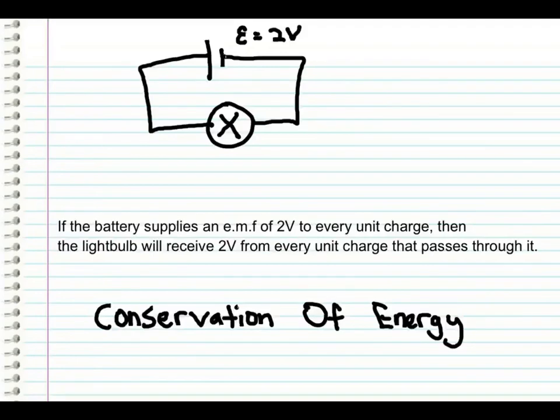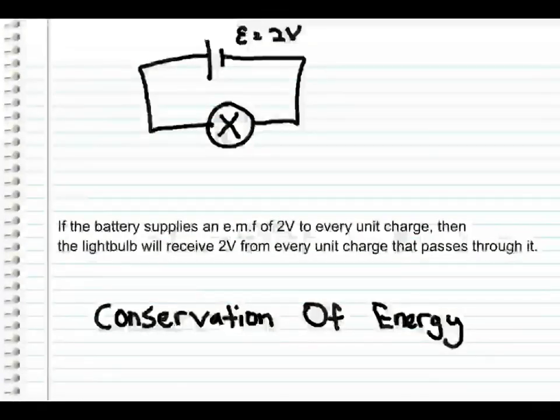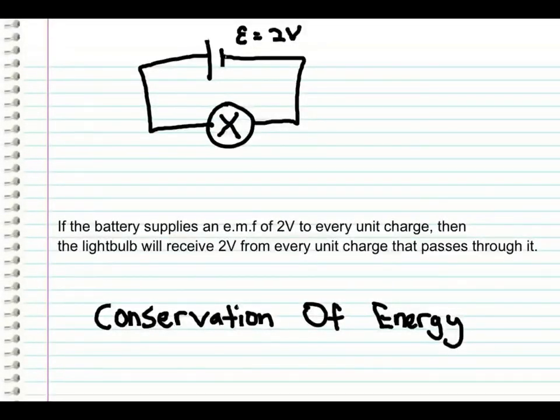But how much energy does the bulb get from the battery? If the battery supplies an EMF of 2 volts to every unit charge, then the light bulb will receive 2 volts from every unit charge that passes through it. All of this is simply the conservation of energy.